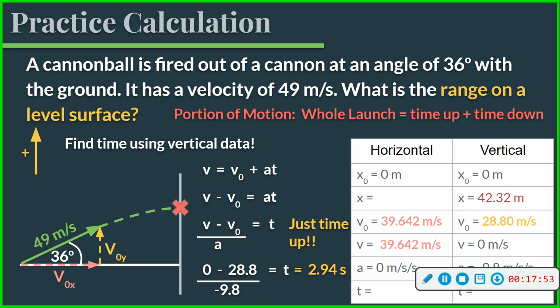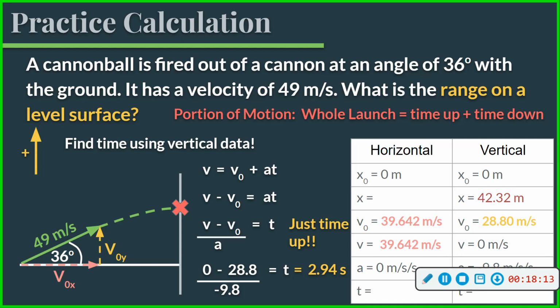Now, as the note says, this is only for half the motion because we only considered from firing to peak height. That's halfway there. So to get the time up and back down, what do we have to do? We've got to double it, exactly.